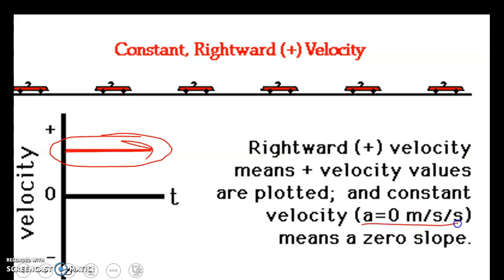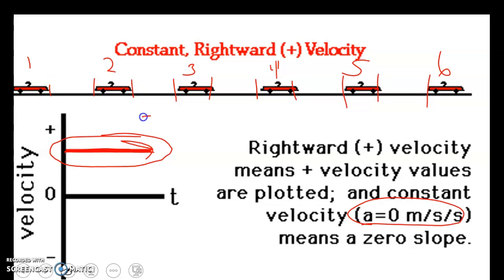And acceleration is 0 because the slope of our line is 0. What that would look like, if we were to diagram this every 1 second, 2 second, 3 second, 4 second, etc., all the way through to 6 seconds, this distance here would be pretty much the same, which means our object is moving at a constant velocity. It is not accelerating, okay?